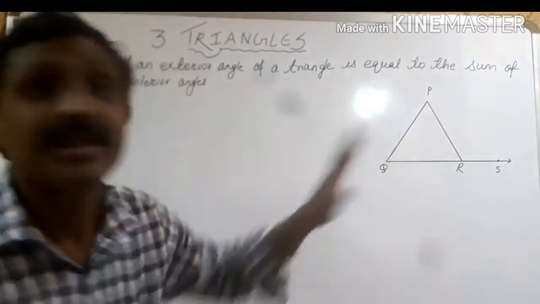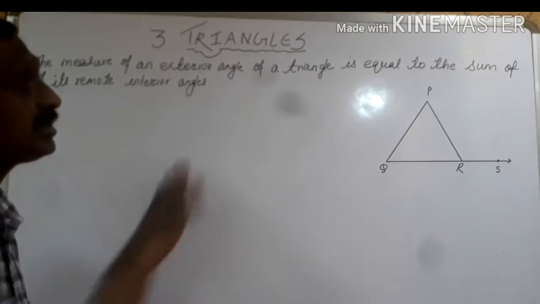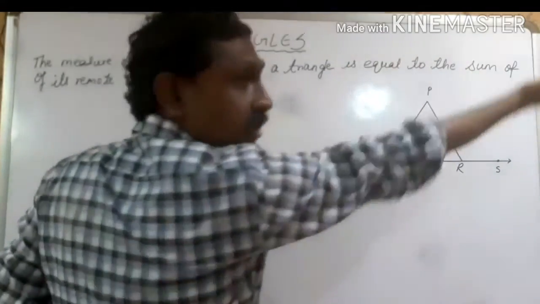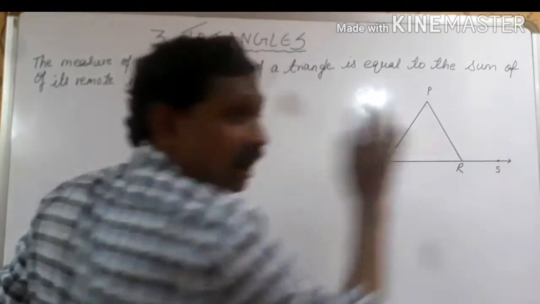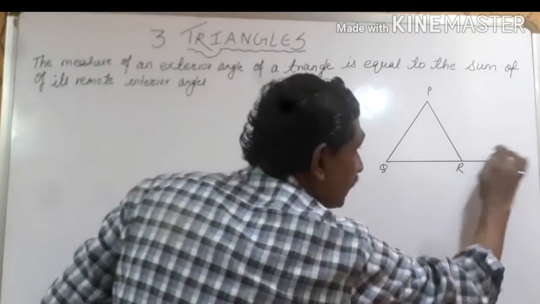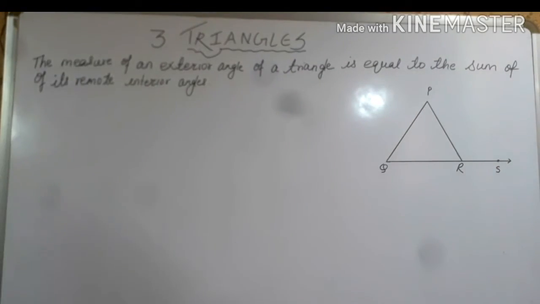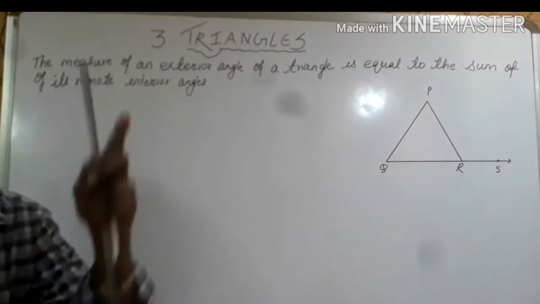These are all angles which are inside the triangle. What does it tell me? Exterior means outside the triangle. That means the exterior angle is angle PRS. It tells me that the measure of this angle is equal to the sum of its remote interior angles.